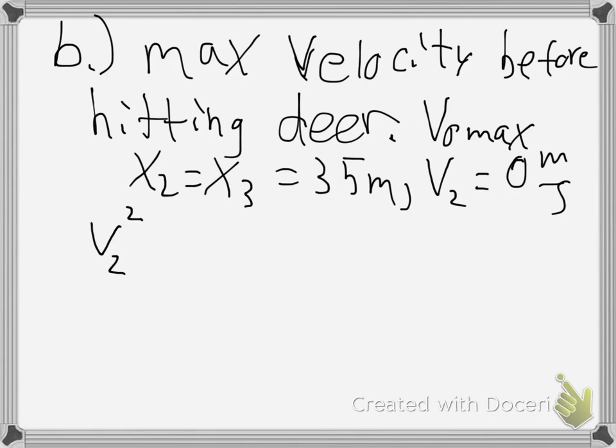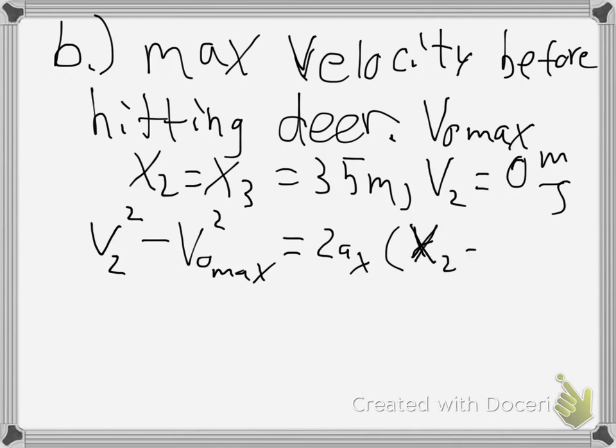So minus V0 max squared. We already subtracted V0 max to the left-hand side to save us a step. Then 2a times x, where x2 and x3 are the same thing in this problem, so it would be x2 minus x1.